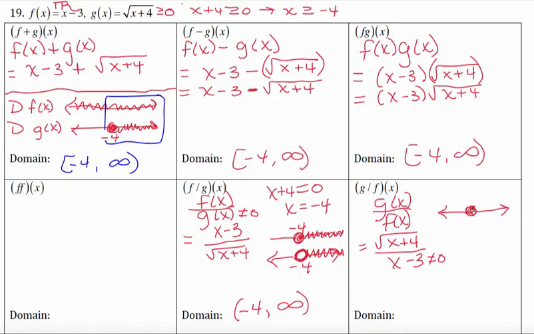Our overlapping intersecting domain is -4 to infinity. And we're going to remove whatever makes our denominator equal to 0. So I'm going to do x minus 3, set it equal to 0, and I see that x cannot equal 3. So in my overlapping domain where there is a 3, I am going to take away that value.